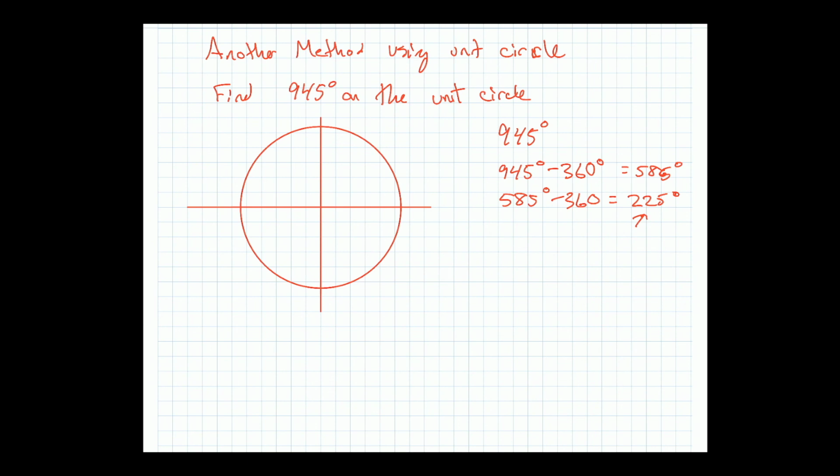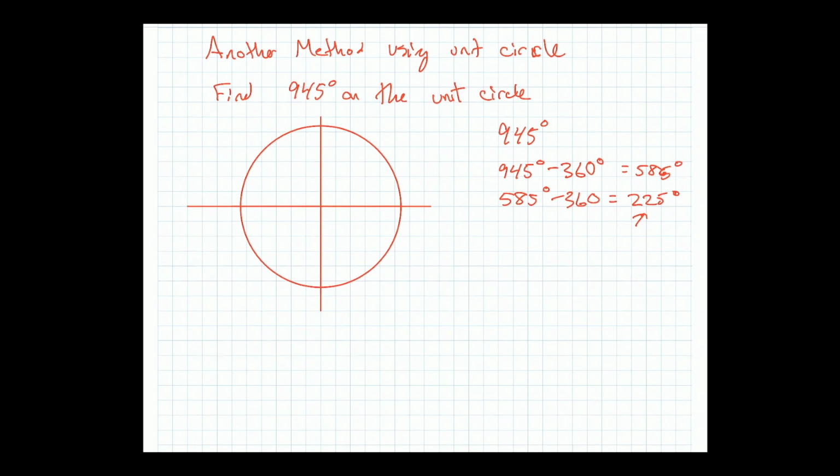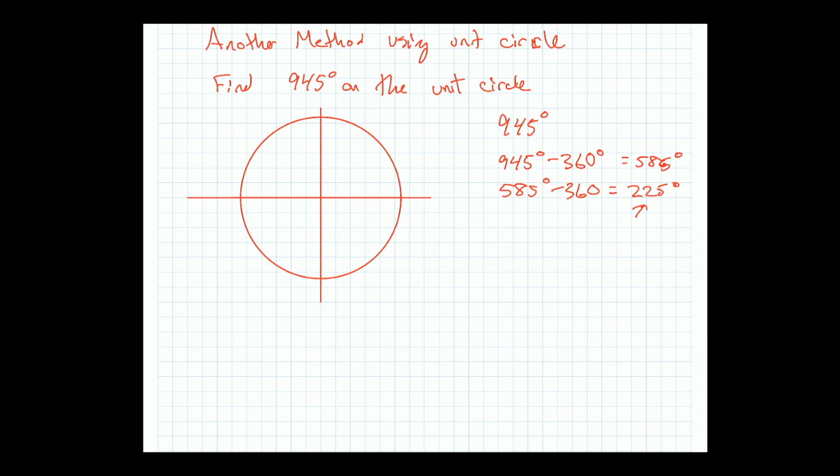Well, 225 is 180 plus 45. So where that is, it's a 45-degree angle in this quadrant, because this is 180, and so this is 225, because this is 45. Okay, so that's the angle. That's where 945 is. It's in the same place as here.